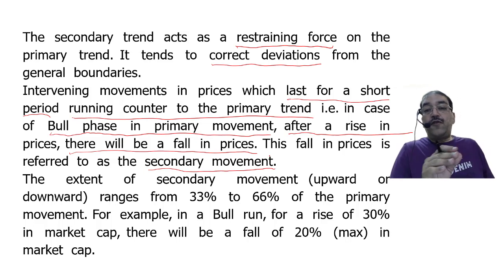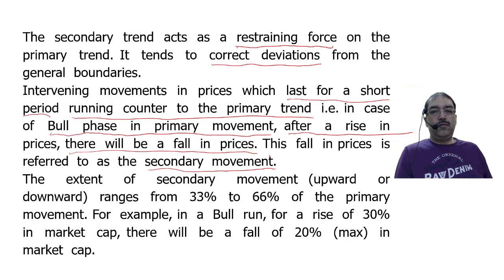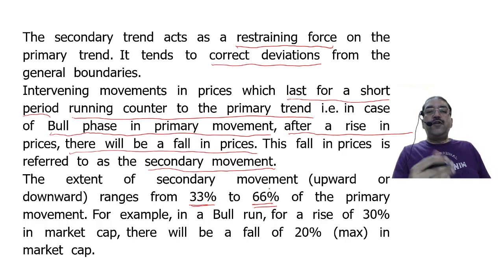But will it fall to a large extent? Suppose the prices have increased over a period of time by 50 rupees. Will it fall by 70 rupees? No, it is not going to fall by 70 rupees. If the prices increase overall by 50 rupees, it may fall by minimum 33% or maximum 66%. That is actually 33 1/3% and 66 2/3%.